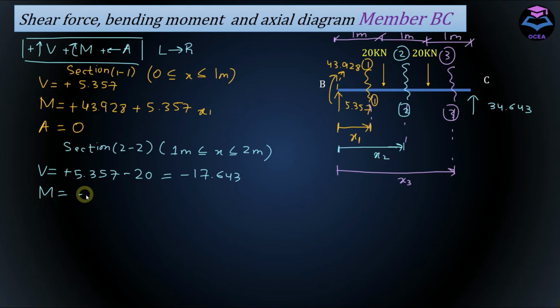So this will produce positive moment 5.357 x2, and we have this moment acting before the section, plus 43.928, and we have this 20 kilonewton force, and it has a perpendicular arm with respect to this section 2-2 equal to x2 minus 1 meter, and this force is creating counterclockwise moment about this point. So this is going to be negative 20, and the perpendicular arm is x2 minus 1.